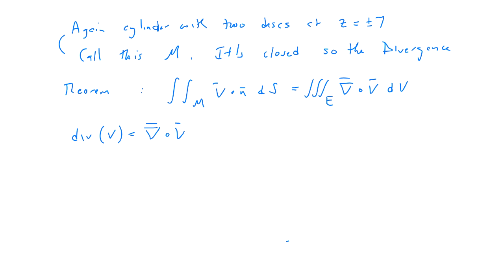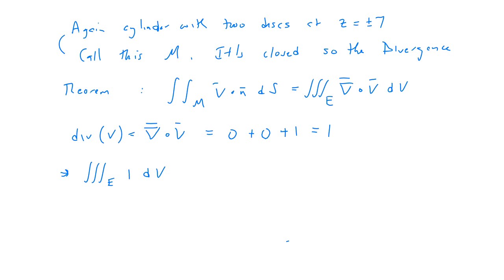So since the first entry is, going back and forth in my notes here, sorry about that, minus y. The derivative of that with respect to x is 0. The second entry is x. The derivative of that with respect to y is 0. The third entry is z. The derivative of that with respect to z is 1. So I get this.